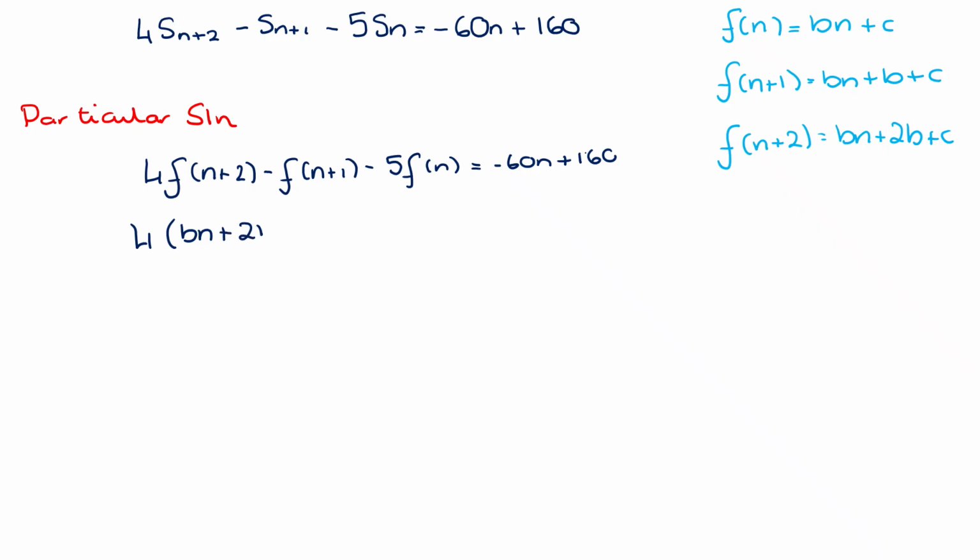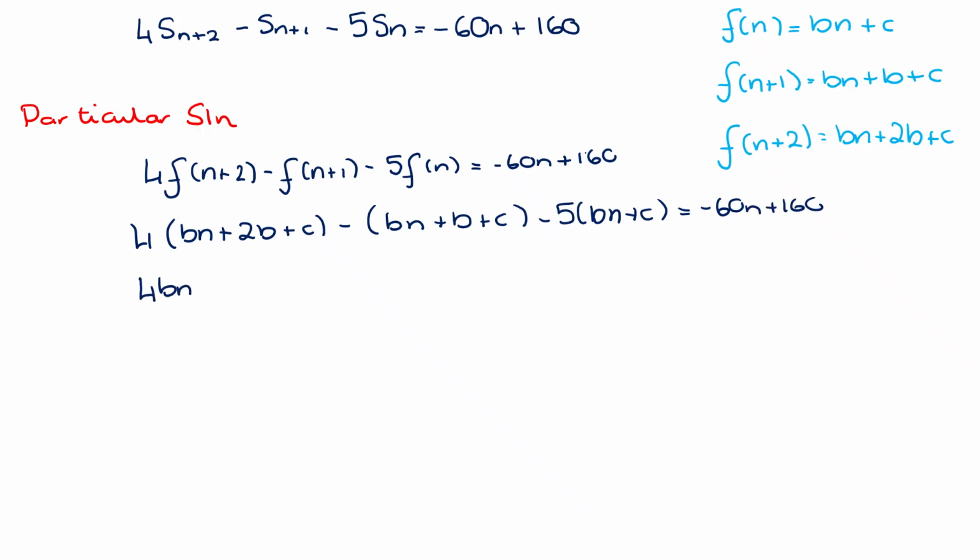4(bn plus 2b plus c) minus (bn plus b plus c) minus 5(bn plus c) plus minus 60n plus 160. So that's 4bn plus 8b plus 4c minus bn minus b minus c minus 5bn minus 5c plus minus 60n plus 160.